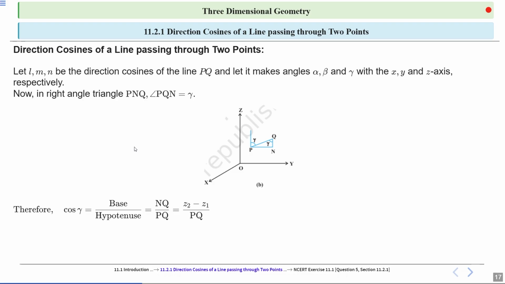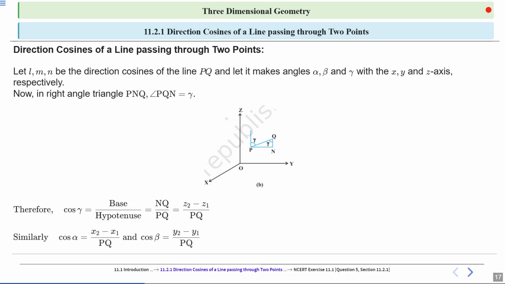Therefore, from the triangle PQN, cos gamma equals base divided by hypotenuse, equals NQ divided by PQ, and here NQ is basically z2 minus z1. So cos gamma equals z2 minus z1 divided by PQ.